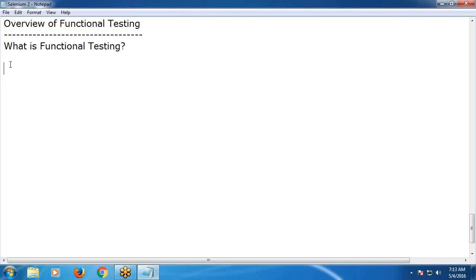Verifying a component or system's functionality with respect to functional requirements. Observe. Verifying a component or system.